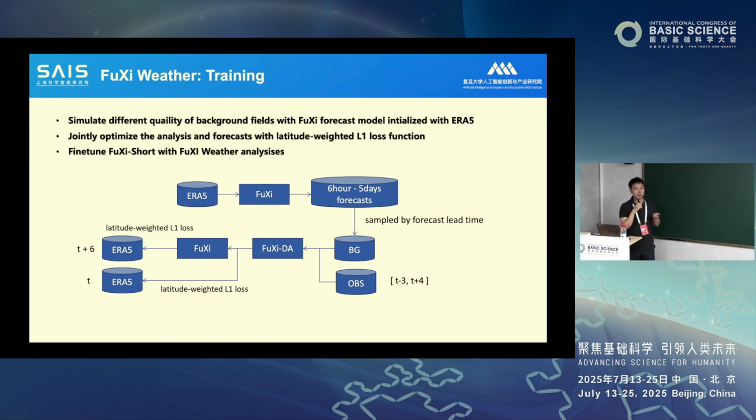Compared to us, we only have 5 satellite instruments in our study. So we have to fine-tune the FuXi model using the analysis generated by this data assimilation model to have a better performance for the forecast.